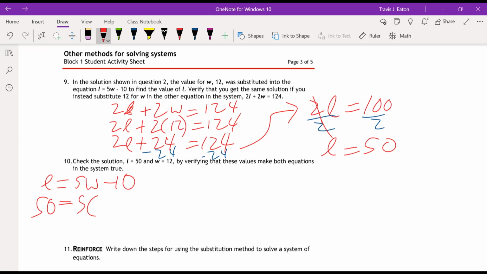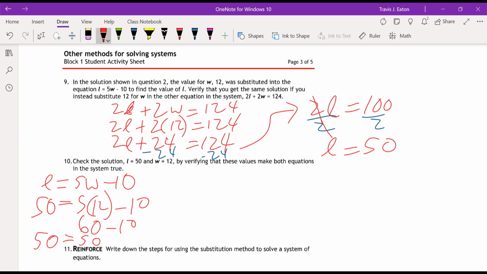And 5 times 12 is 60. 60 minus 10 is indeed 50. And 50 equals 50.